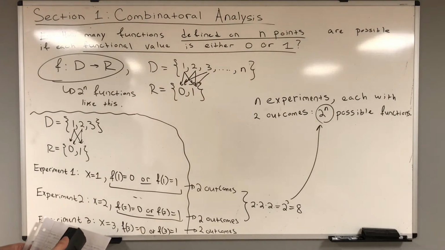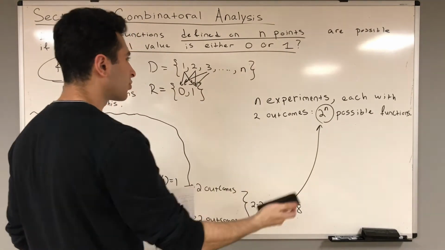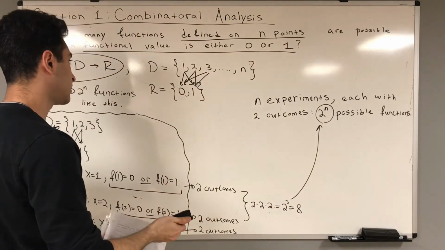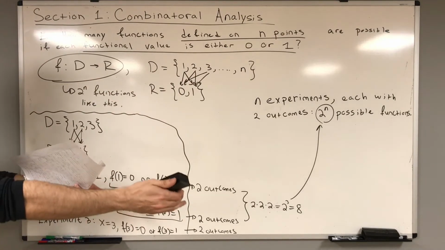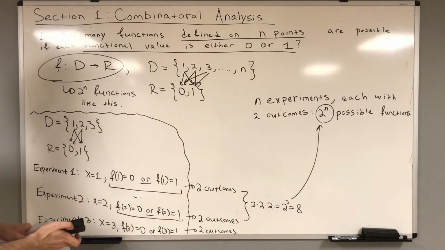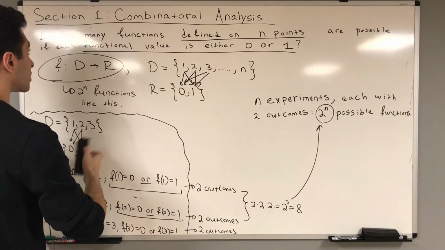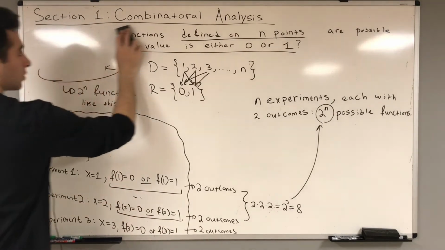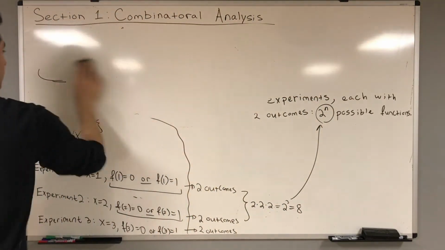So the harder part of this example is just understanding what these terms mean. And I think once you understand that, it's not so bad. Again, just remember a function is just defined to its range. That's all I'll say. And each experiment relates to the number of inputs in the domain. And that's it. But again, if you don't understand that, please leave down the comment.